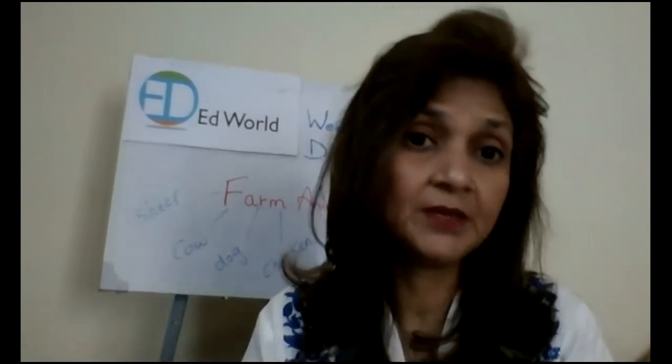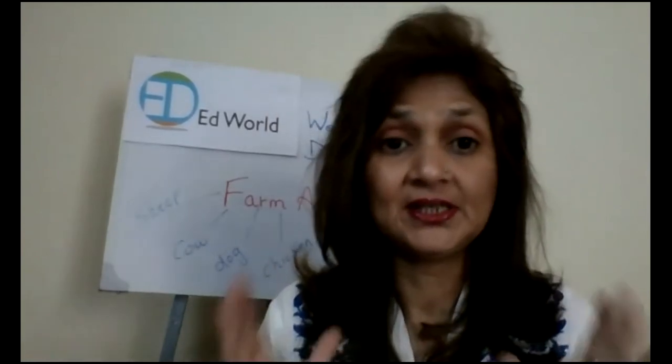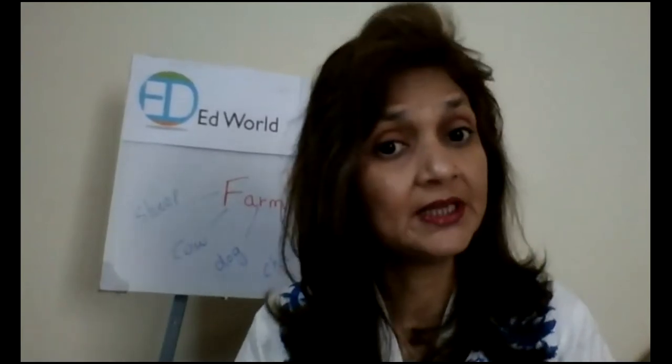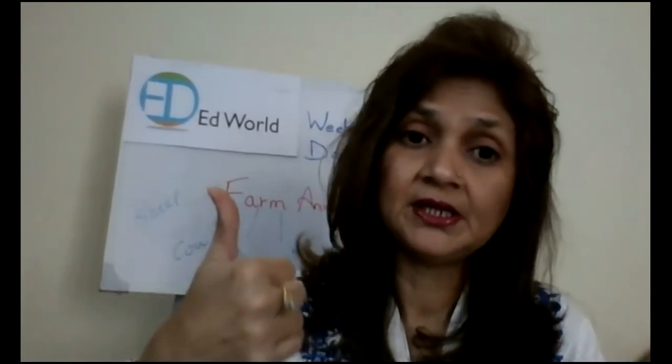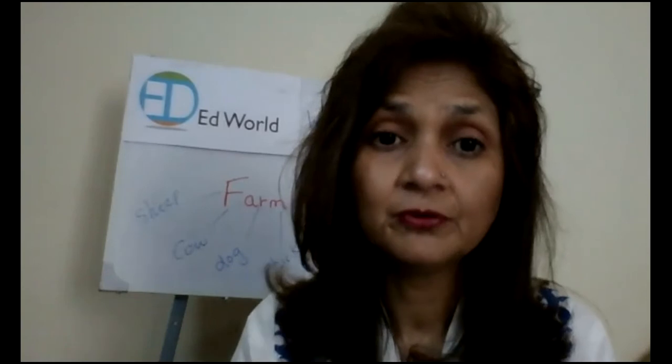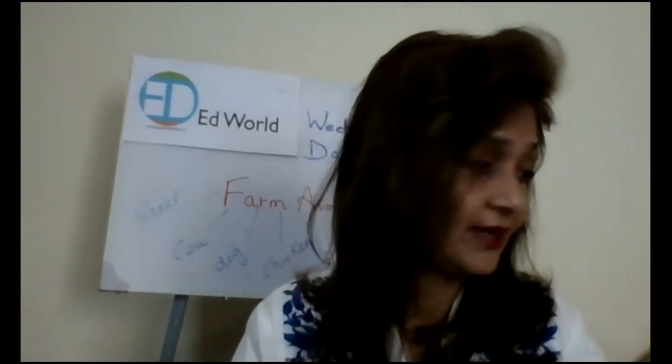So that is why you keep animals on a farm so that you can take good care of them, right? So you have learned today about farm animals and why they are useful for you, right? This is what you have done.